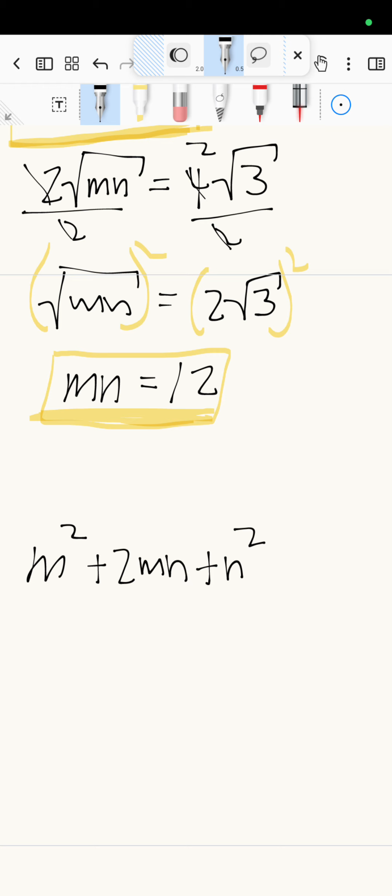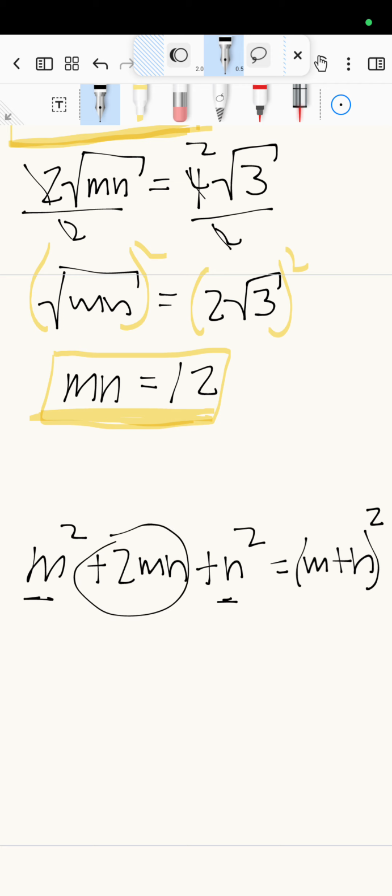So if I have a bracket with m plus n inside, and m plus n gets squared, it's going to produce m squared plus n squared, and then in the middle is going to be m times n times 2. So that is something that we know, right?